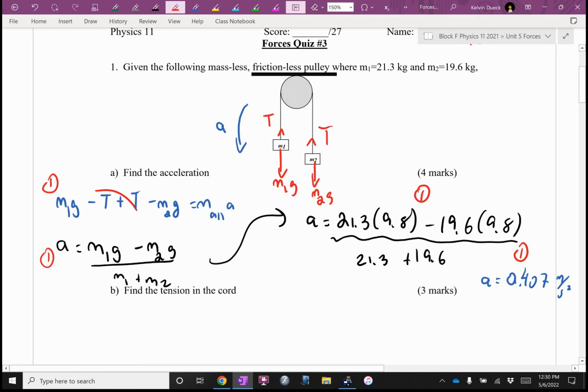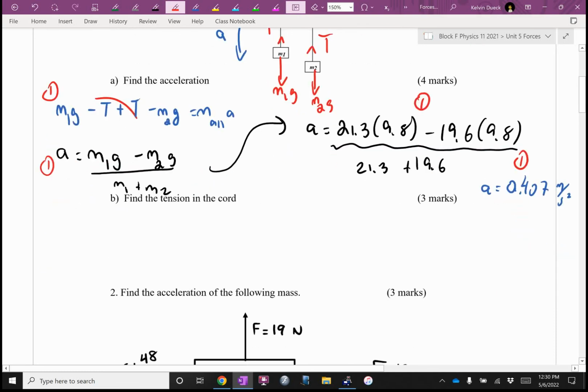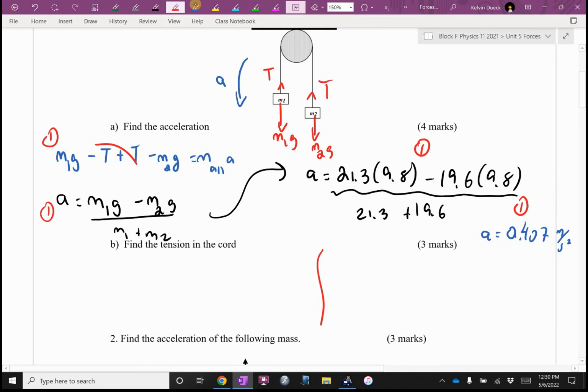Meanwhile, this wants me to find the tension in the chord. I can do it one of 2 ways. I can go tension minus m2g equals m2a, using the right-hand mass, which I might do because tension is winning, and it's easier to get tension by itself. I would just add m2g, so it's going to be m2a plus m2g.